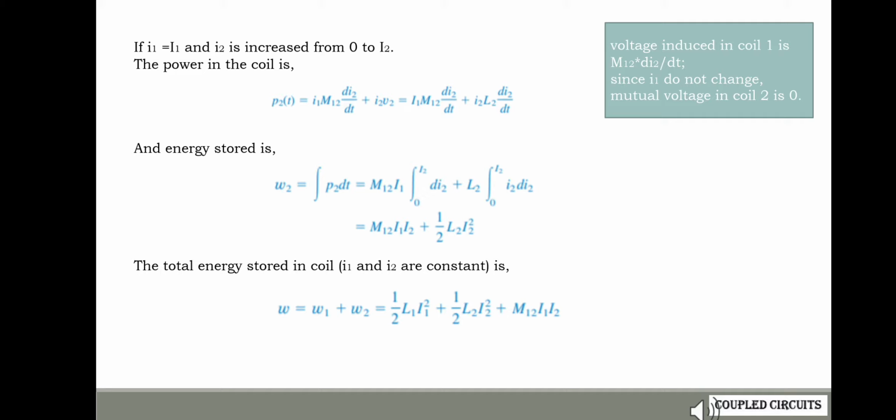And now the power in the coil is equal to i1 into voltage induced in coil 1 plus i2 into voltage across coil 2. And then by using the formula after integrating, we get the energy stored in the circuit as M12 into I1 into I2 plus half L2 I2 square. And finally, the total energy stored in the coil when both I1 and I2 have reached constant values is given in the last equation.